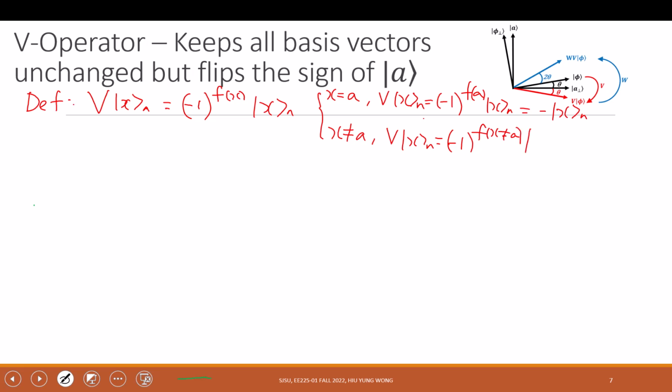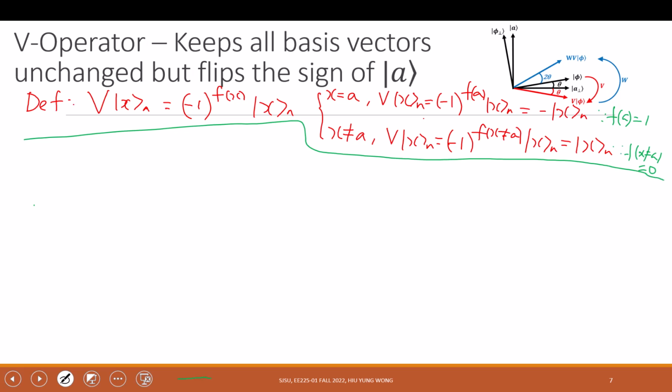What is f of x not equal to a? 0. So this is just xn. And that's why this is called phase oracle, because it changed the phase. Because f of a equals 1, f of x not equal to a equals 0, right? So that is the oracle we are going to use. How to implement it is another thing, but that is phase oracle.